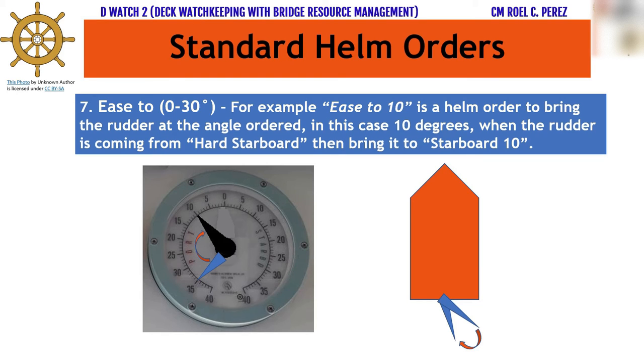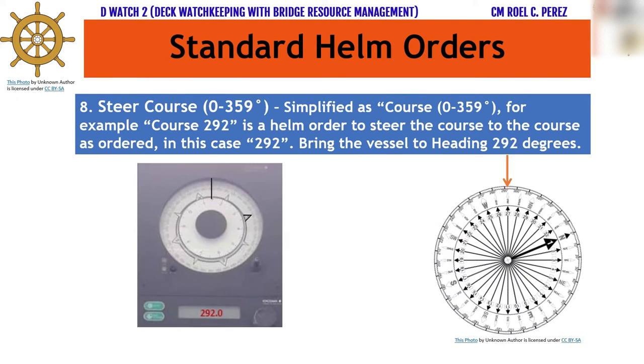Number 7. Ease to 0 to 30 degrees. For example, ease to 10 is a helm order to bring the rudder at the angle ordered, in this case 10 degrees, when the rudder is coming from hard starboard, then bring it to starboard 10.